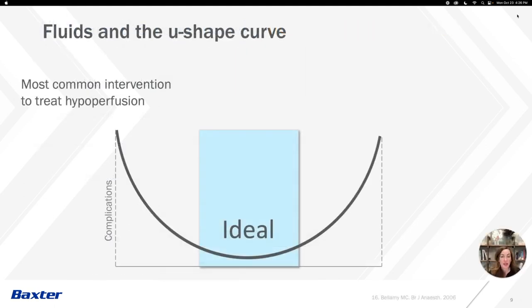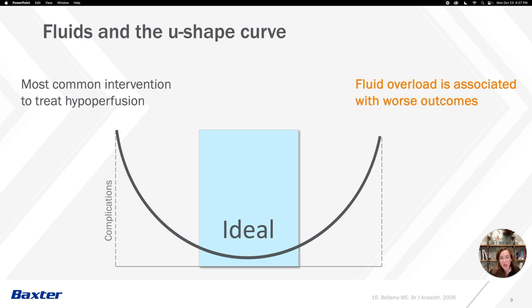So then continuing the conversation, let's remember the Bellomo curve. We obviously understand that there are consequences with both over and under fluid resuscitation. We know that fluids are obviously going to be the most common intervention that we give to treat hypoperfusion, and we understand that we're going to have problems if we do not give our patients a little bit of fluid.